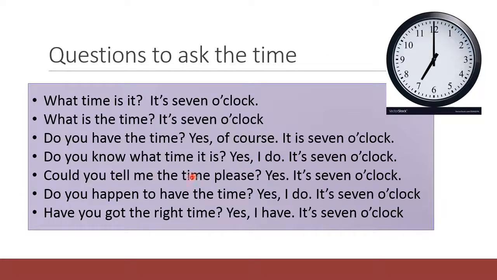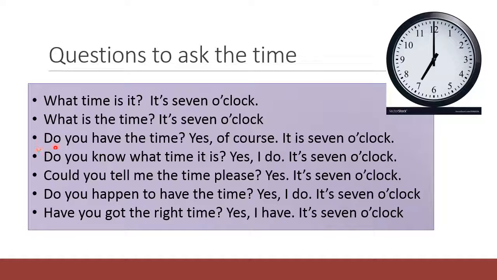Could you tell me the time, please? Yes, it's 7 o'clock. Do you happen to have the time? Yes, I do. It's 7 o'clock. Have you got the right time? Yes, I have. It's 7 o'clock. So here, what is basically changing is the grammar structure that we use in every question.